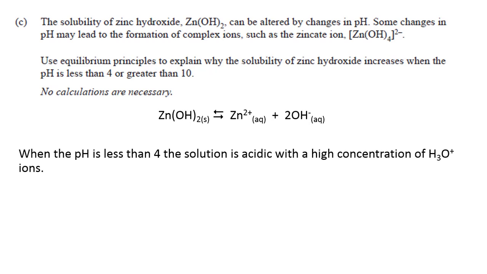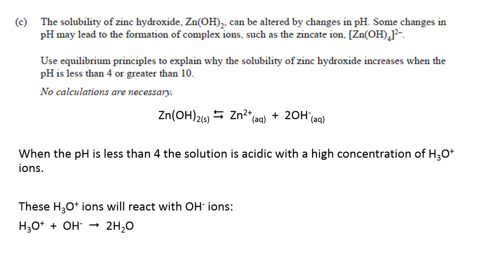So the first point to think about here is that if the pH is less than 4, then the solution is acidic. So if the solution is acidic, you get a high concentration of H3O+ ions. They are going to react with hydroxide ions.